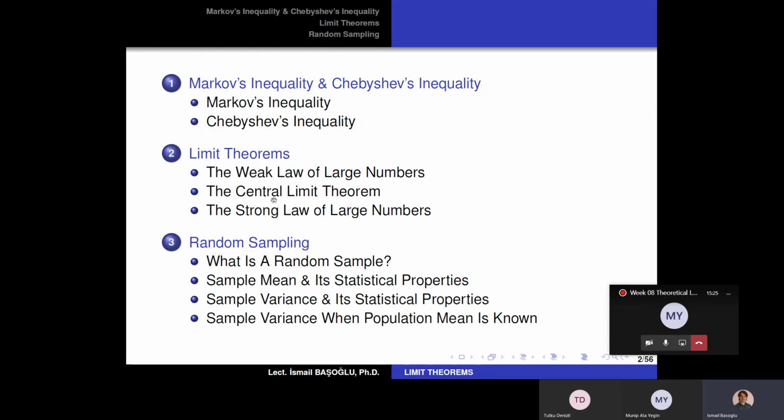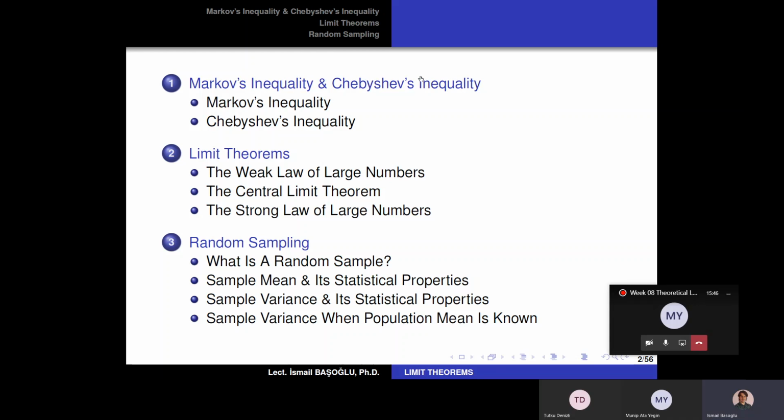This is a very, very old theorem, the central limit theorem, and I do not exactly know to which scientist the theorem's proof belongs, but that theorem is a very important theorem for us to understand statistical analysis. Now, let's start with Markov's inequality and Chebyshev's inequality.